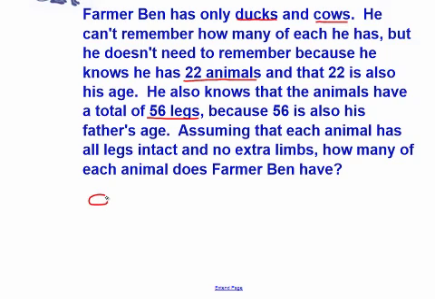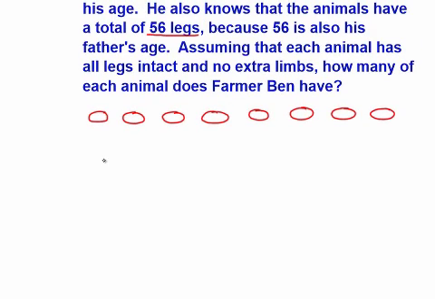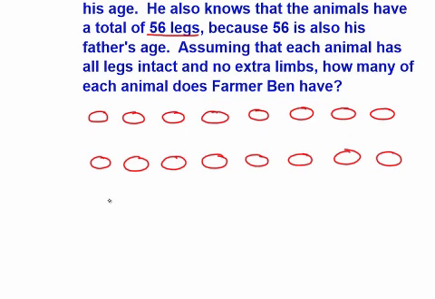So I'm going to draw 22 animals. 1, 2, 3, 4, 5, 6, 7, 8, 9, 10, 11, 12, 13, 14, 15, 16, 17, 18, 19, 20, 21, 22.